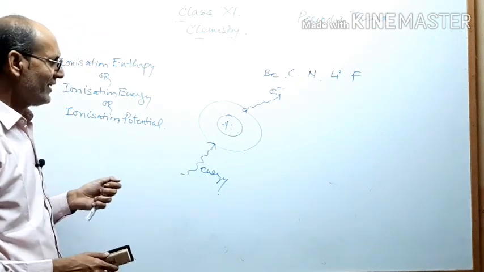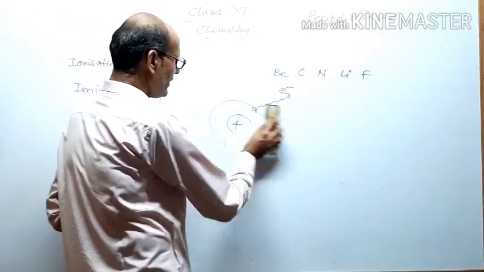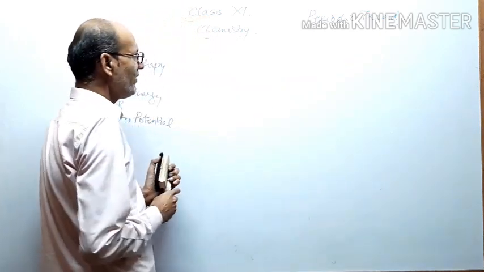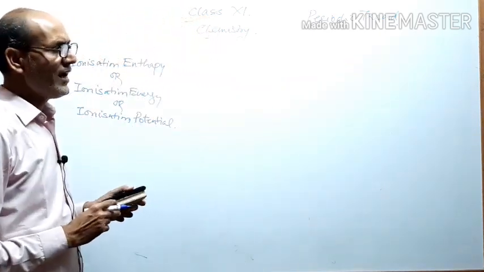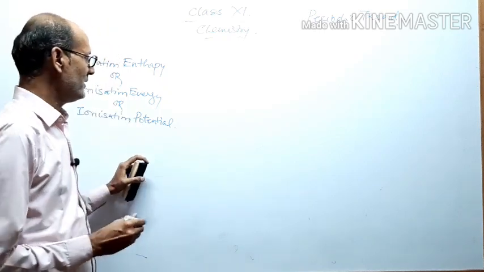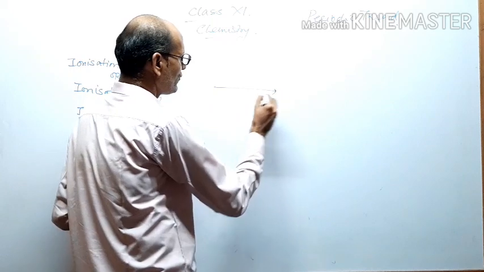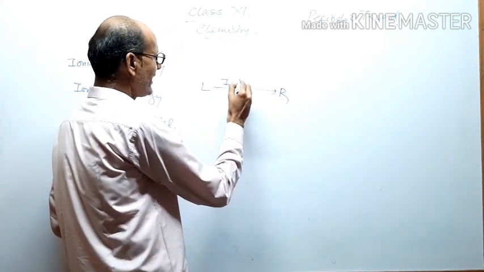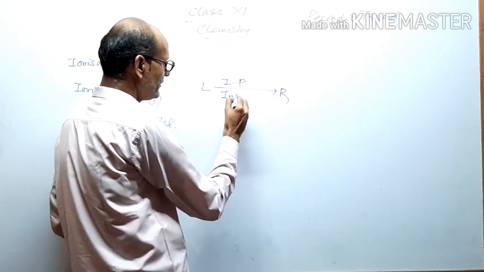Why does it increase? There may be three cases. Number one, size decreases. Number two, the number of valence electrons increases. And one more case, it depends upon the stability. So on moving from left to right, you have to write down this: ionization potential increases.